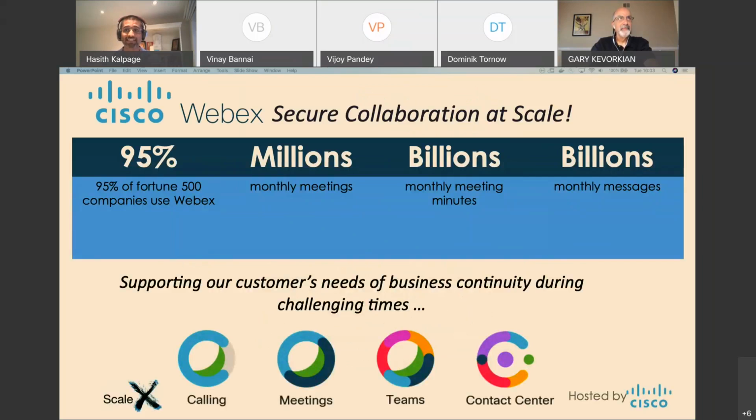Given everybody's in a Webex conference today, everybody must be familiar with Webex. Now, here's a high-level overview about the scale of Webex. We host many millions of virtual meetings every month, on which participants spend billions of minutes. And in addition, there are billions of messages exchanged in our collaboration platforms.